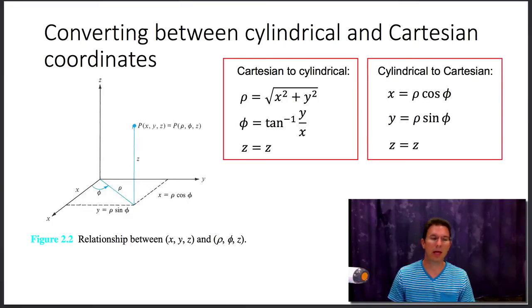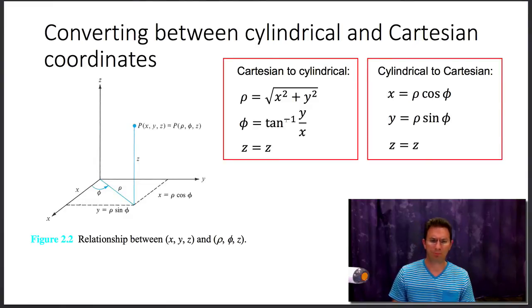Okay, and it's the same point in three-dimensional space. But if a person wants to go from Cartesian coordinates to cylindrical coordinates, these are the relationships that you need right here. If a person wants to go from cylindrical coordinates to Cartesian coordinates, these are the relationships that you need. And they're completely equivalent. You can get from one to the other.